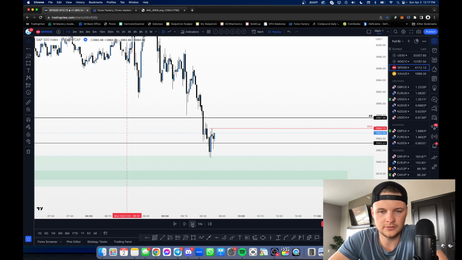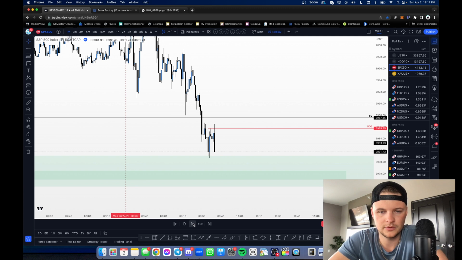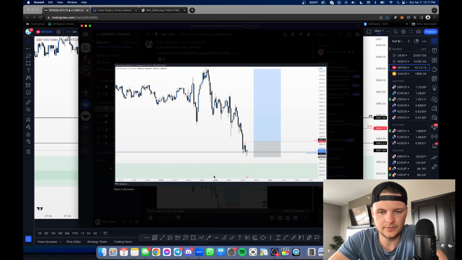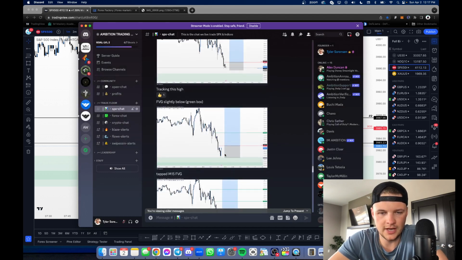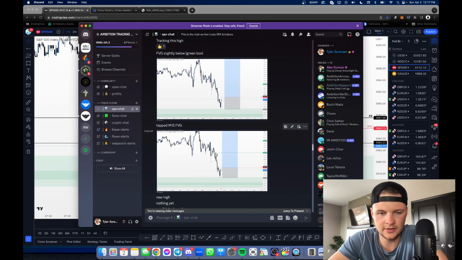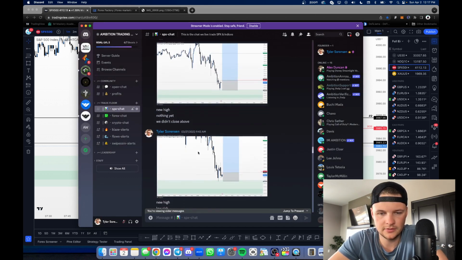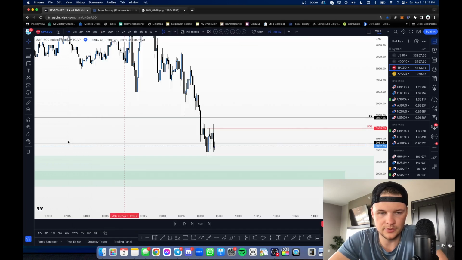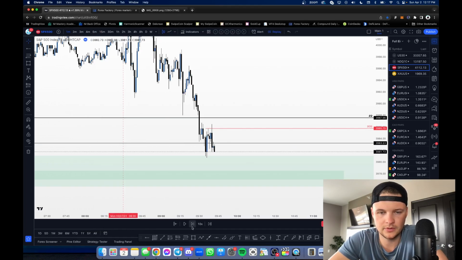Just playing this out. And I don't believe I changed the low or the high that we're tracking, right? So tracking that new high right there. Okay, we kept pushing down actually. Great. So now we're tracking this high right here.